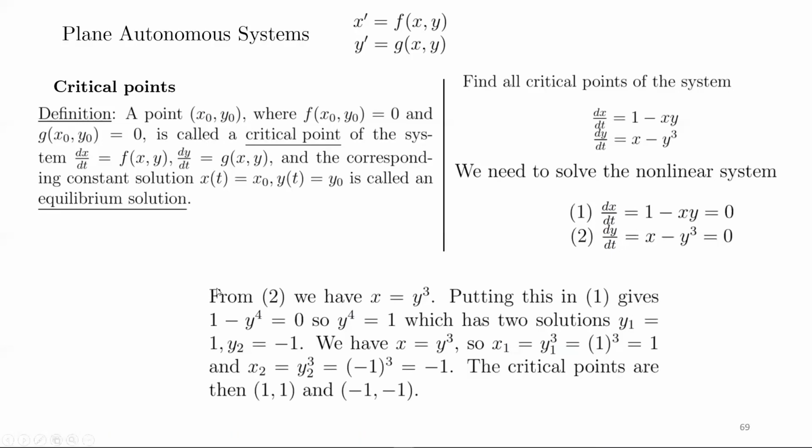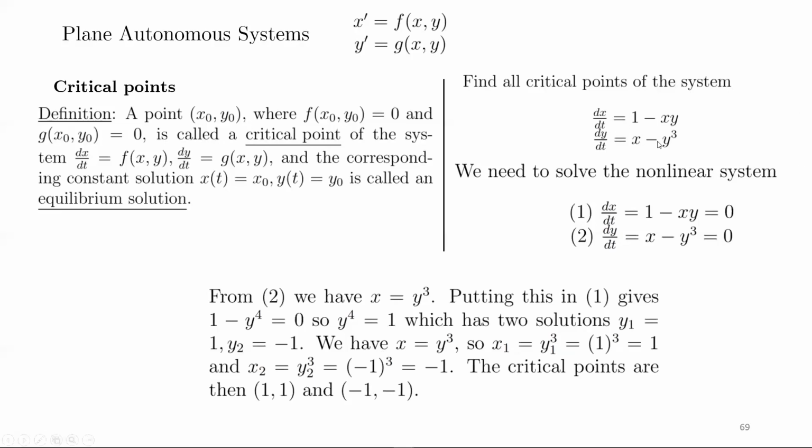At the point (1, 1), the right-hand side of these differential equations is equal to 0. And also at the point (negative 1, negative 1), the right-hand side of these is equal to 0. Notice what is not a critical point though is (0, 0).